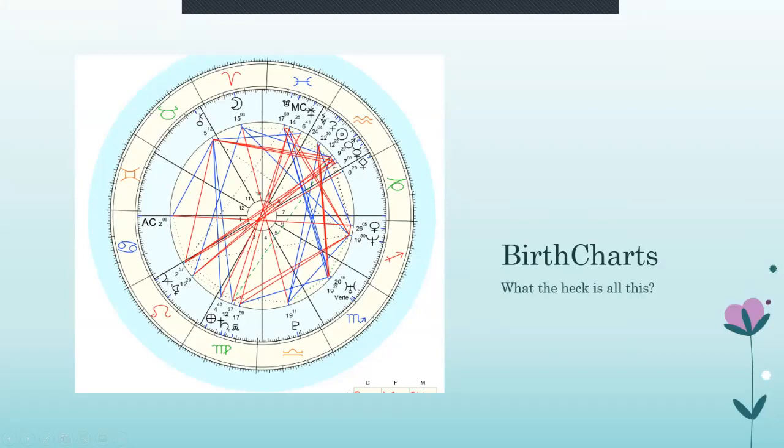So even though there are some signs that are most dominant in your personality, you have aspects of every sign in your personality. So you have the signs, and then inside all these little symbols represent planets and celestial bodies. Like, this is the moon. Right here, we have Pluto. Here is the sun right here. This is a comet called Chiron that's right here. So you've got all of these different elements.